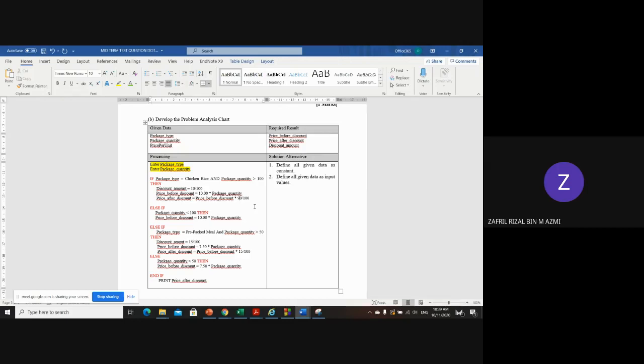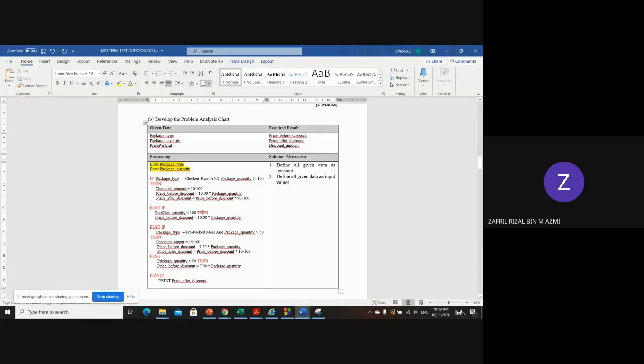All right. So the first condition is correct. If we want to say is it correct or not, this is correct, for the first one. Else if package quantity less than 100, then, okay, this is wrong.